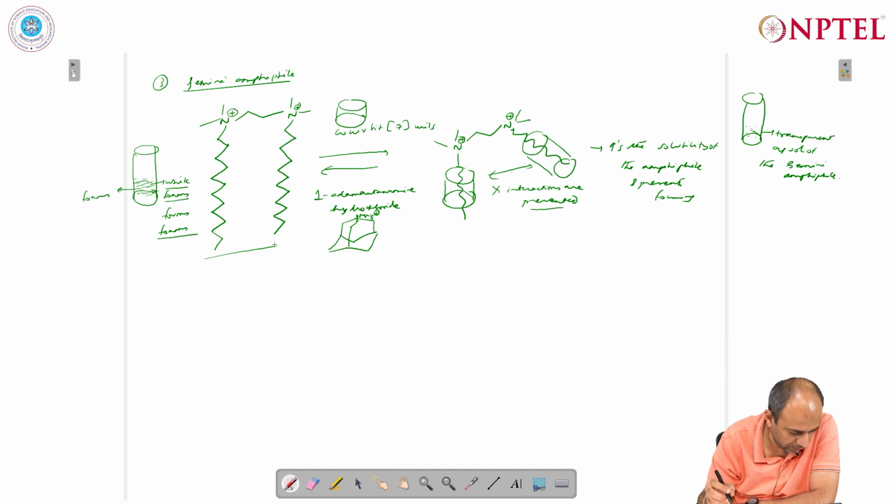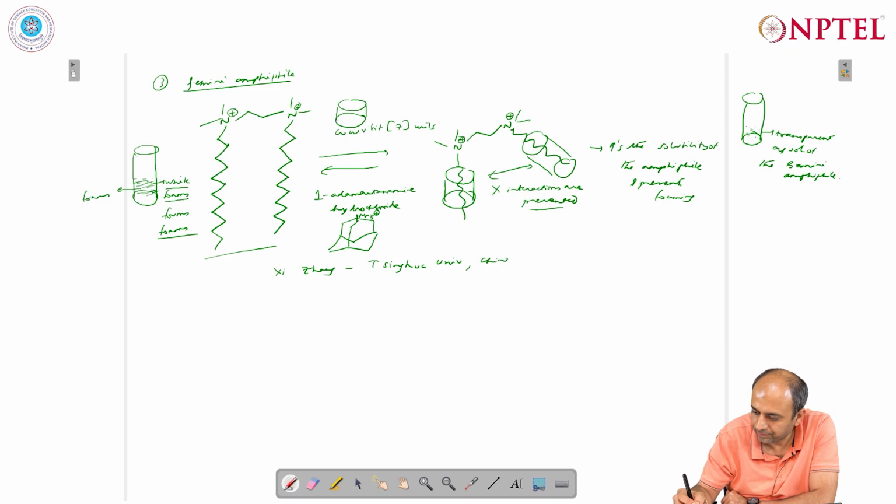So the addition of this 1-adamantane hydrochloride is now able to again capture these cucurbiturils very efficiently and then release this Gemini amphiphile, which again starts forming foams. And this particular Gemini amphiphile was developed by Zhang from Tsinghua University in China.